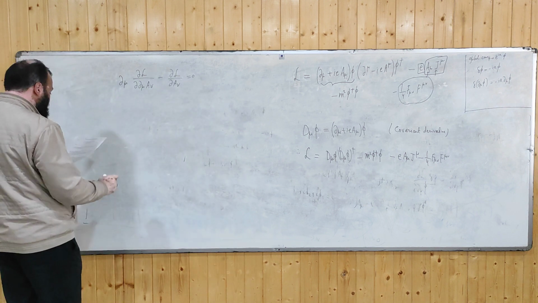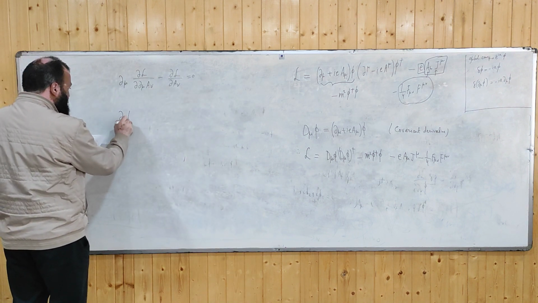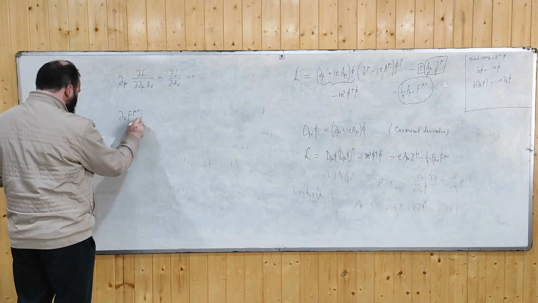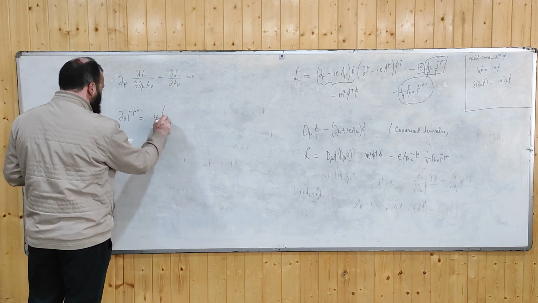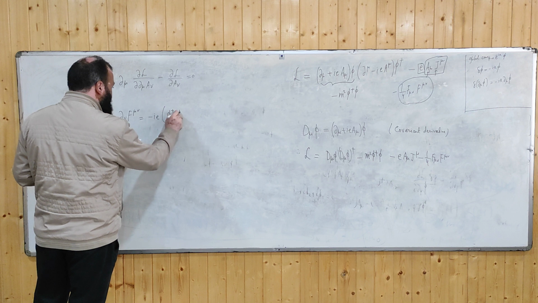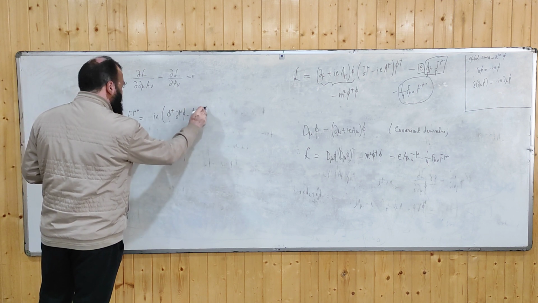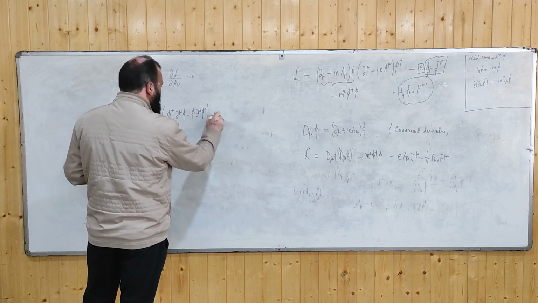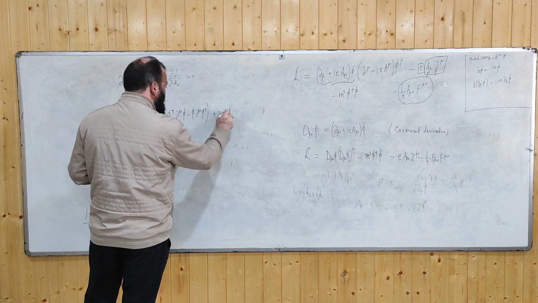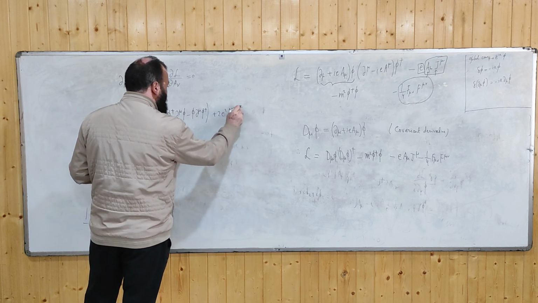Use this Euler-Lagrange equation and you will get this equation: partial mu F mu nu is equal to minus i E (phi dagger partial mu phi minus phi partial mu phi dagger) plus twice E square A mu phi dagger phi.